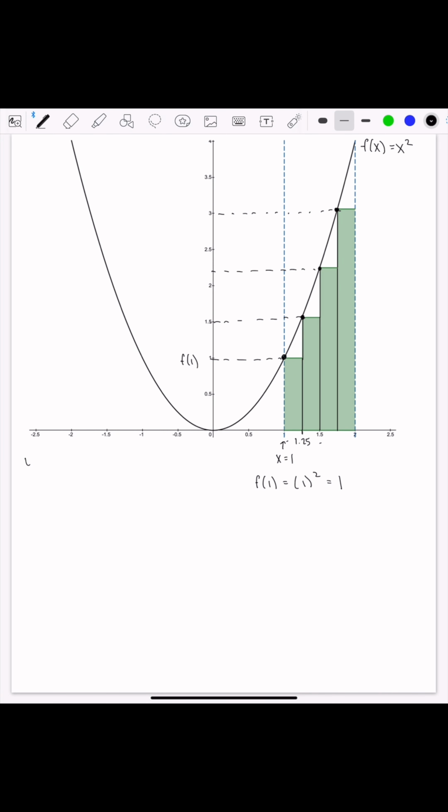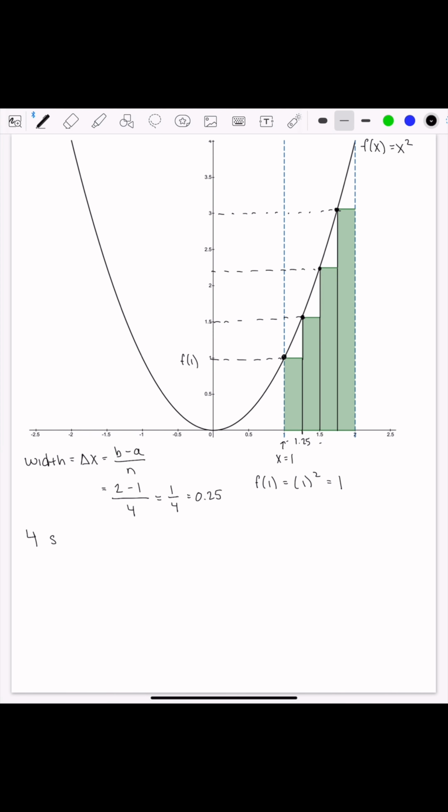Remember, the width of each rectangle is the same, and we had a formula for that. We called it change in x, or delta x, and that was b minus a over n. Remember, b is the right boundary, so that's 2, and a is the left boundary, so that's 1. And n is the number of rectangles, which is 4. So the width is 2 minus 1 is 1, over 4, so that's 0.25. So each rectangle has width 0.25.